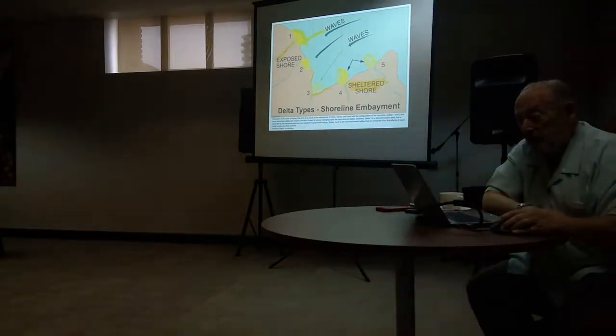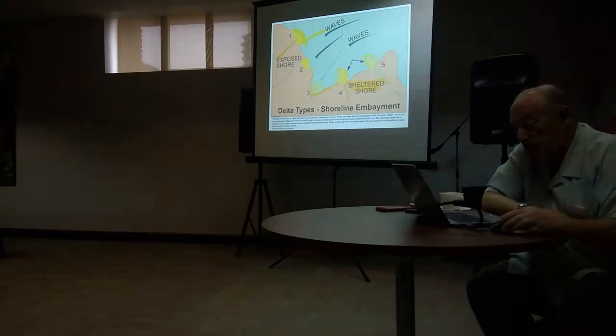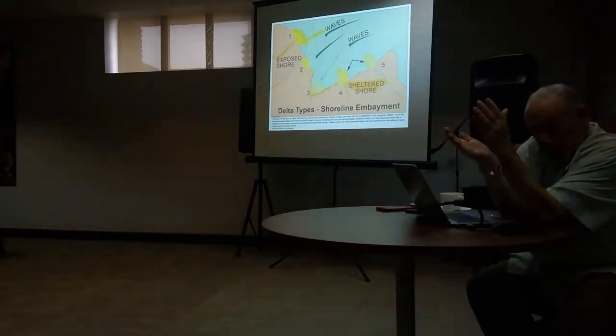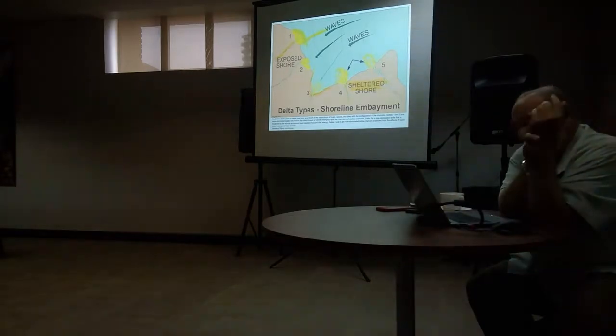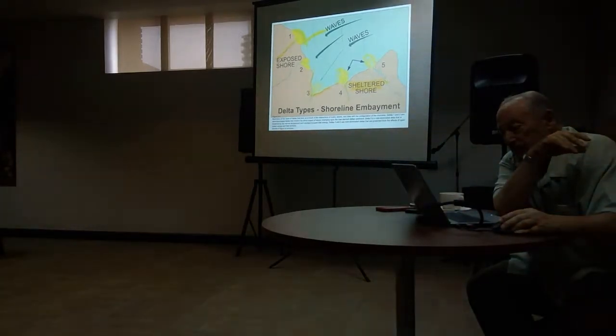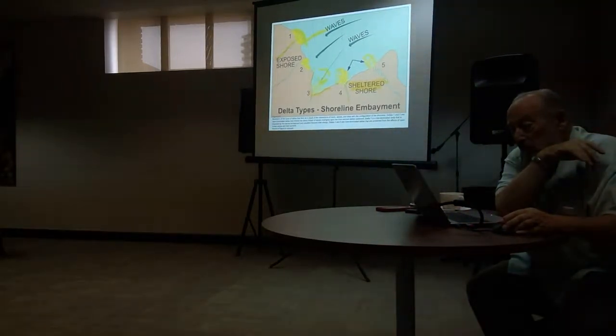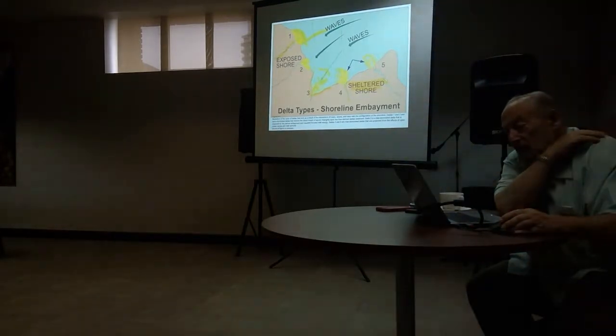And then if we've got an embayment down here, like you see in this cartoon, where you've got tidal currents coming in and out, and usually when you get an embayment like this, the narrower the embayment, the stronger the tide. So in that case, because your tides are going in and out, you get sand bodies that are elongate in the direction of the tides.